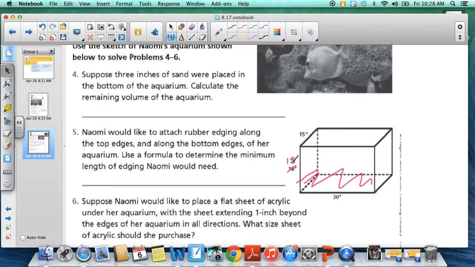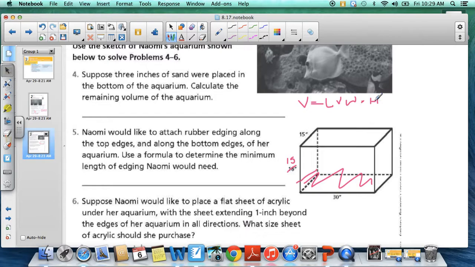And what we're going to do is find the volume of that. So you guys remember, volume equals length times width, that's a multiplication and that's a W, times height, so sorry.